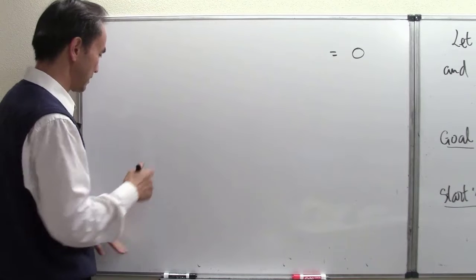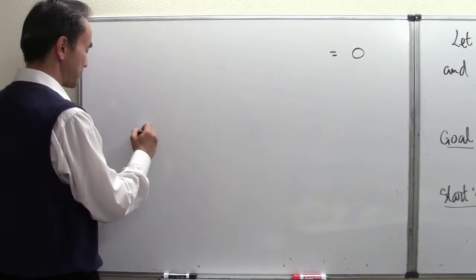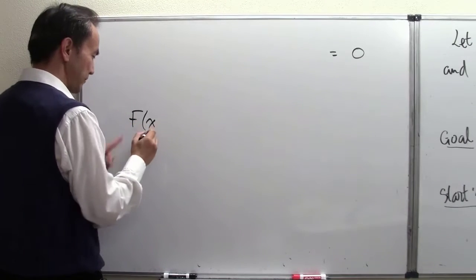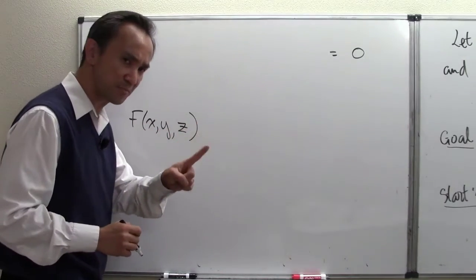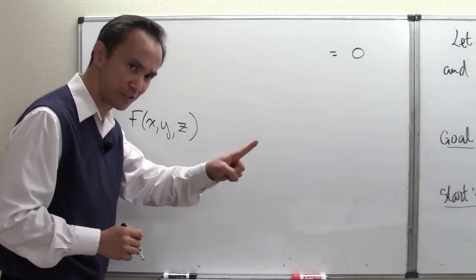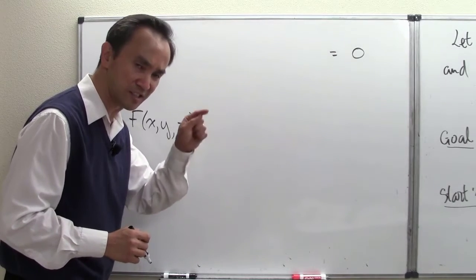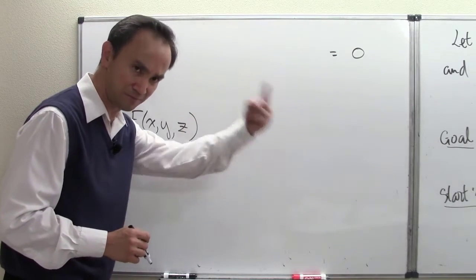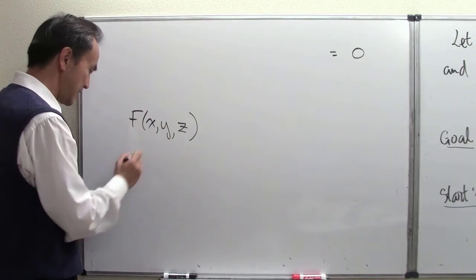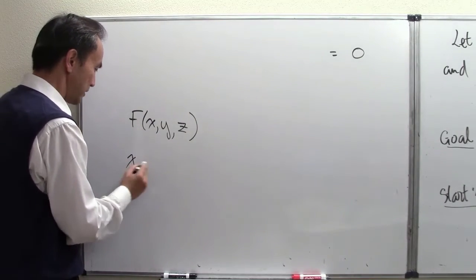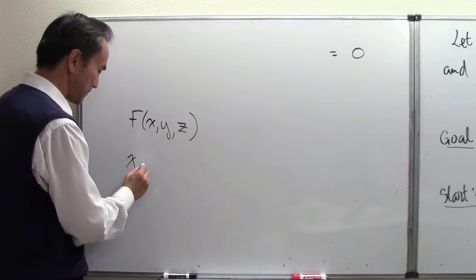But now think about it. This is just little scratch work right here. If capital F is a function of x, y, and z, so now this is why I was saying earlier, implicit differentiation that we're learning right now is a direct application of the chain rule. So this is how I'm seeing it. x, implicitly, or x inside of it, is some function.